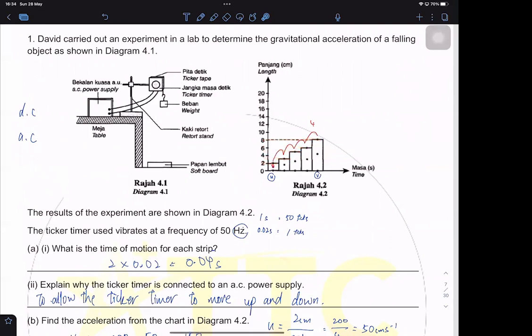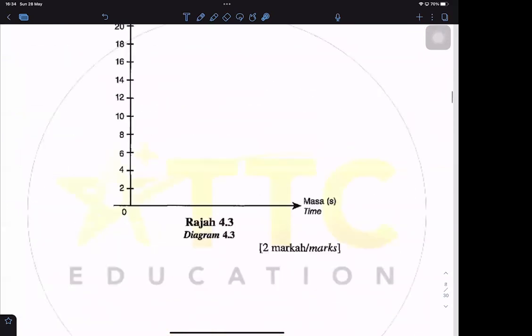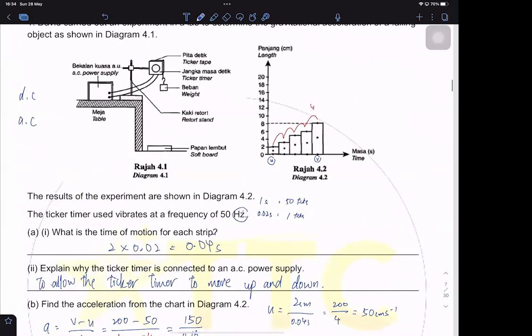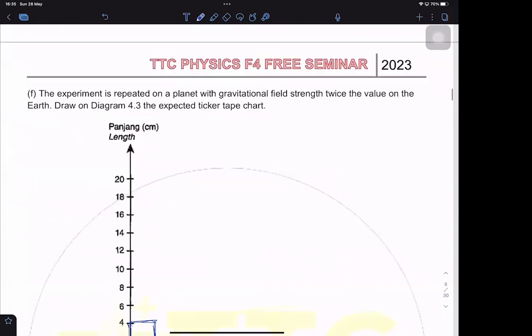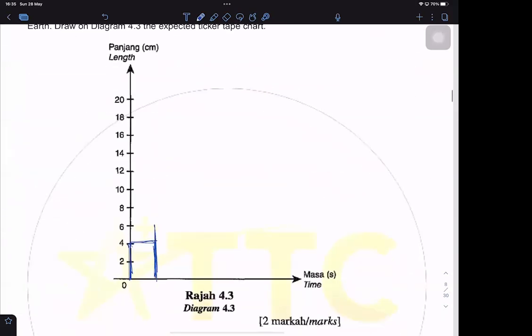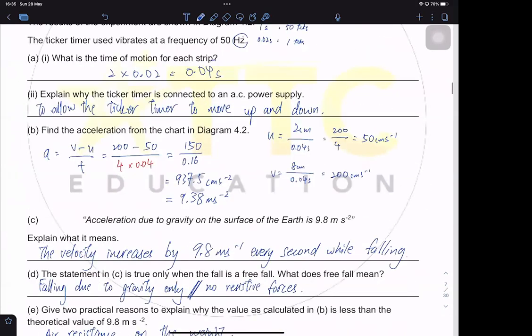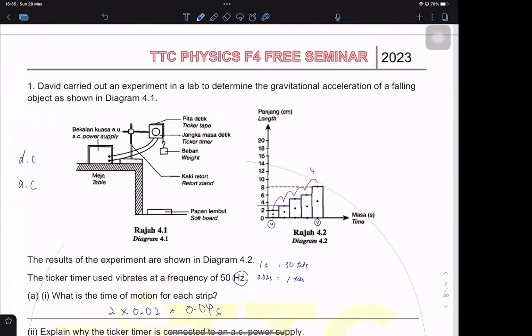So the first one, 2, we double to 4. And then the next one is 3. Let me just draw it. Yes, this is 3, so we double it to 6. What's the next one?